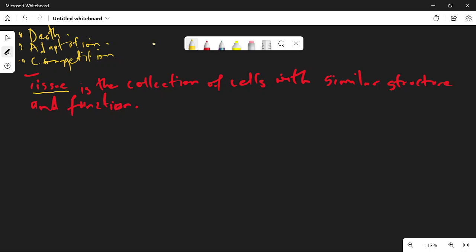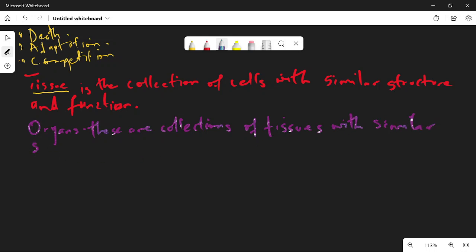And then we have the organs. Organs are collections of tissues with similar structure and function.